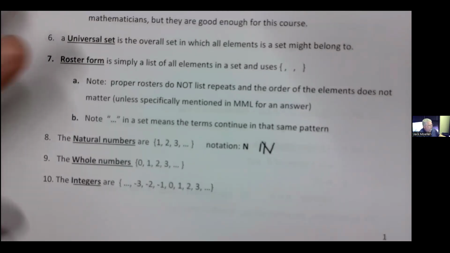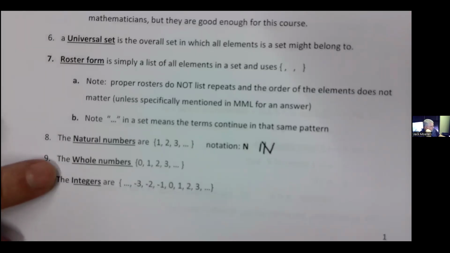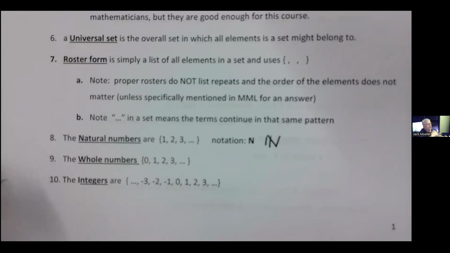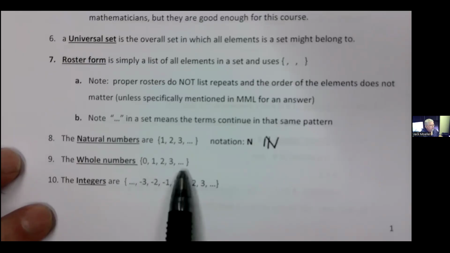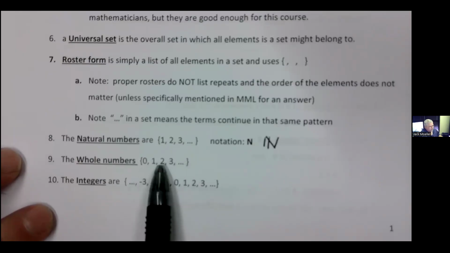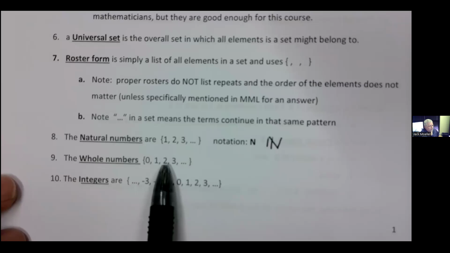So natural numbers are basically the positive numbers, non-decimals, non-fractions. Whole numbers, I don't know about you, but when I think whole number, I think of something that's not a fraction or not a decimal, but that is where English gets us in trouble. So the math definition of whole numbers, it's 0 plus the natural numbers. Okay. So basically the non-negative, non-fractions.